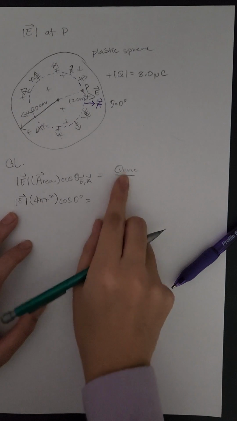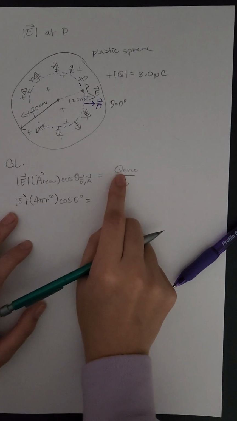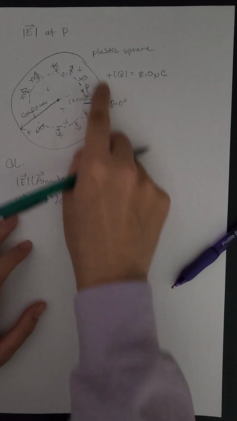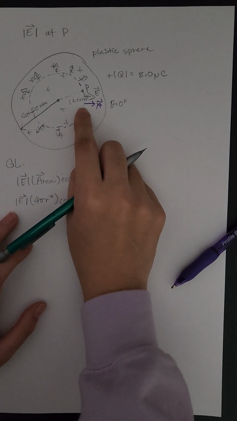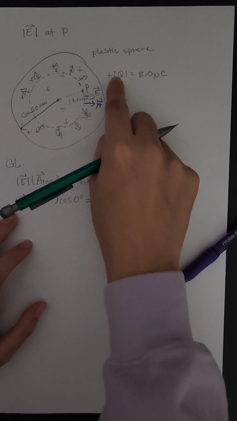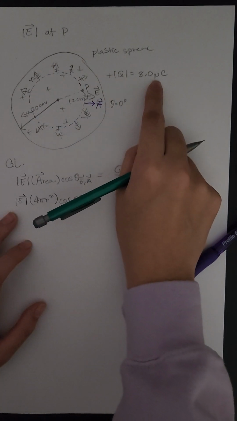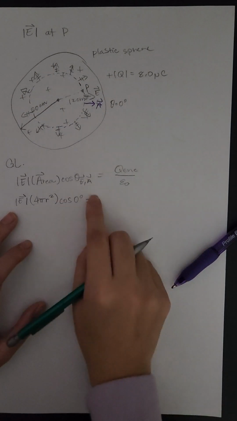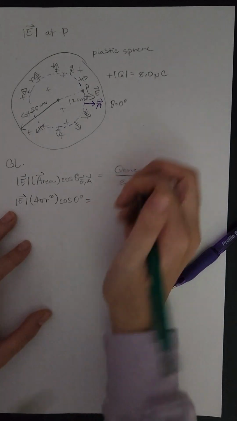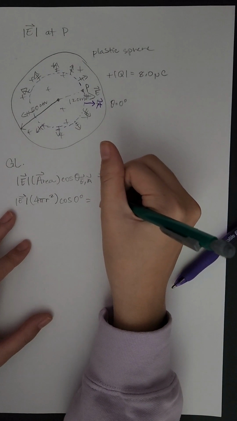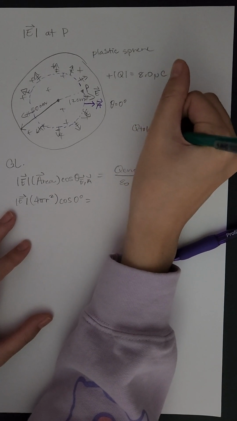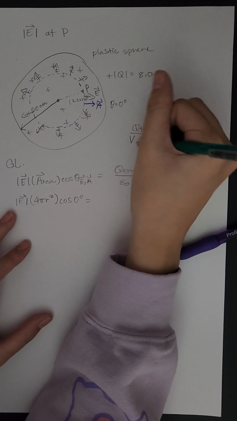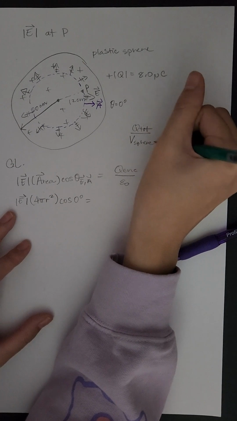Now for the enclosed charge Q, this whole sphere is uniformly distributed, so the enclosed charge is not equal to the total charge, which is 8.0 microcoulombs. What we need to do is take the charge density, which is Q total over the volume of the sphere.